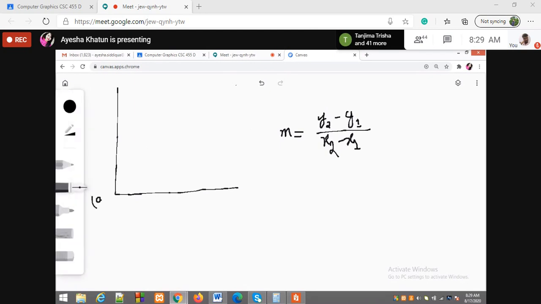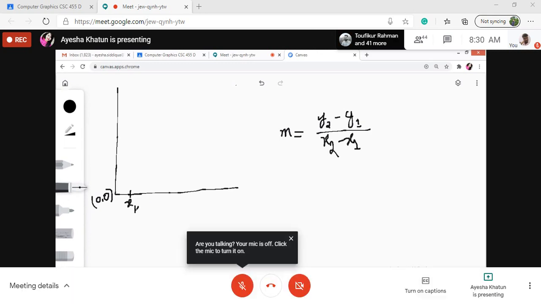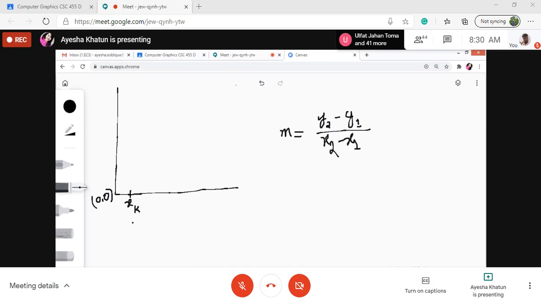That means the origin value is 0, 0, right? And what is the value according to the x-axis? So the first unit will be, let's say, x and then suffix a. Don't forget that this is a suffix. I'm just giving the position according to the x-axis.